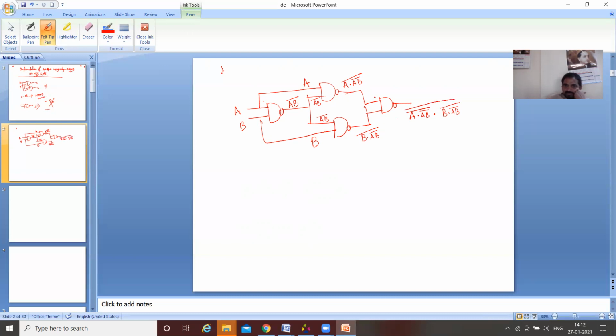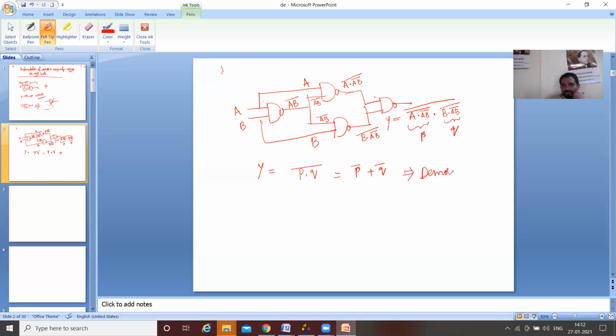Now consider this as y. Consider this is x and this is y, otherwise this is p and this is q. So this is p dot q whole bar, which can be written as p bar plus q bar according to De Morgan's laws.